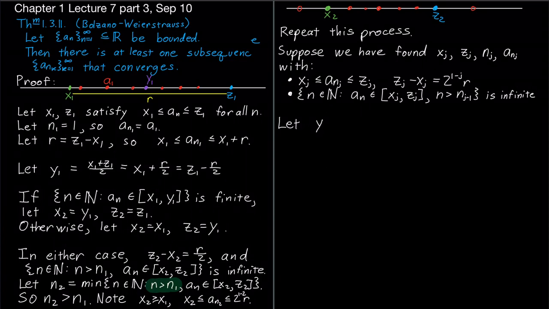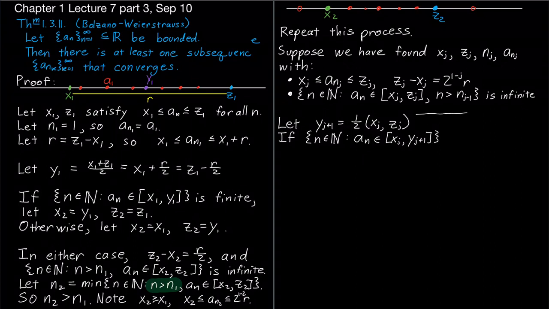We let y_(j plus 1) be the average of xj and zj, and then if you've only got finitely many points on the left here, you grab the right half.